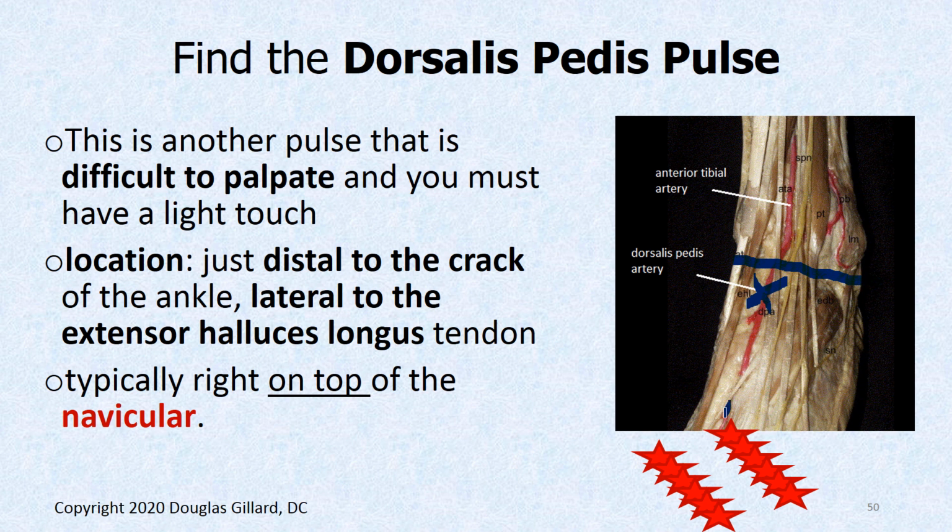You do not find it how you were taught, down between your toes. Those are the metatarsal arteries. I wouldn't be happy if I was proctoring a board exam or being an examiner, and I saw you trying to take the dorsalis pedis pulse over the metatarsal arteries. That looks crazy. So make sure you know where that is.